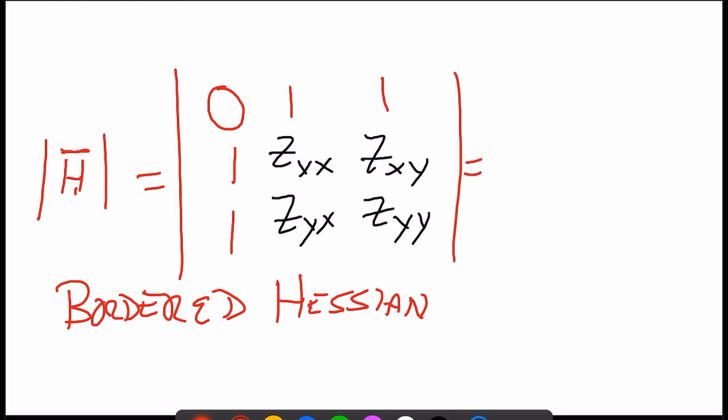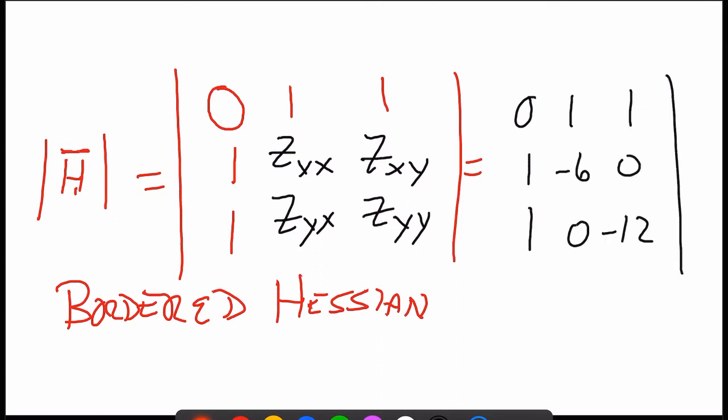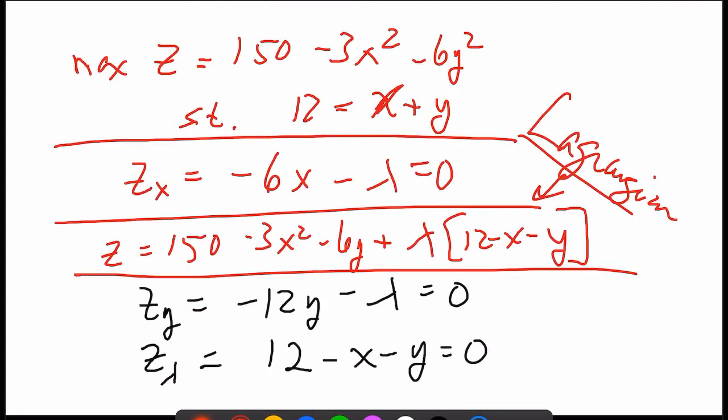Now, we already know what the answers to this are, more or less, because that's minus 6, that's 0, and that's minus 12. This last part is the second order conditions from the unconstrained problem, when we did this without a constraint.